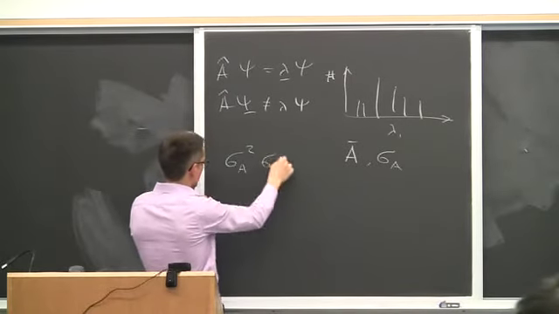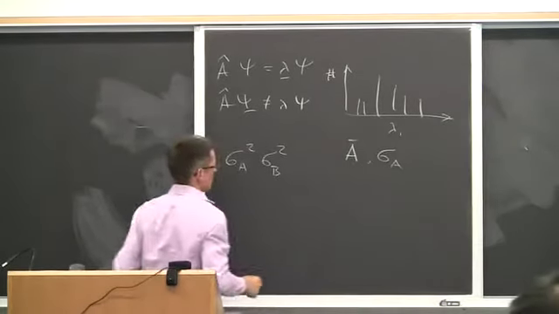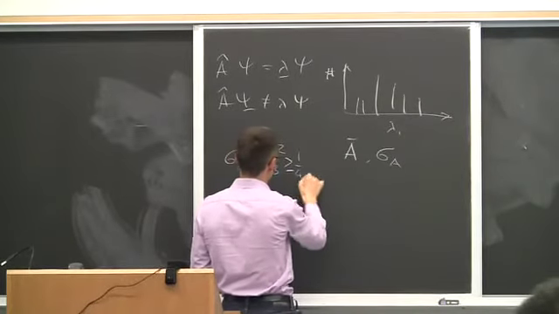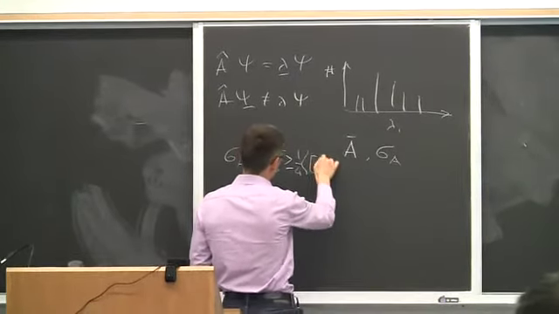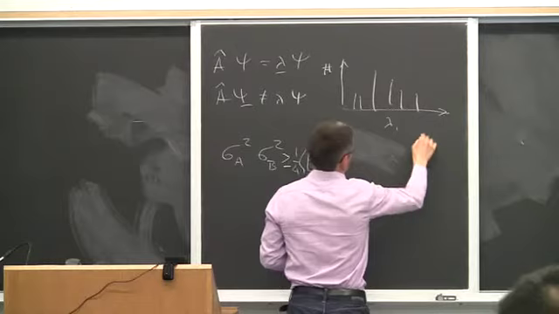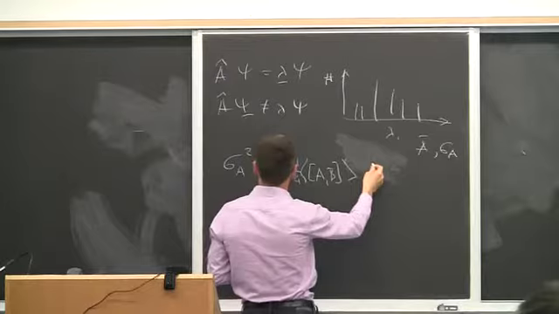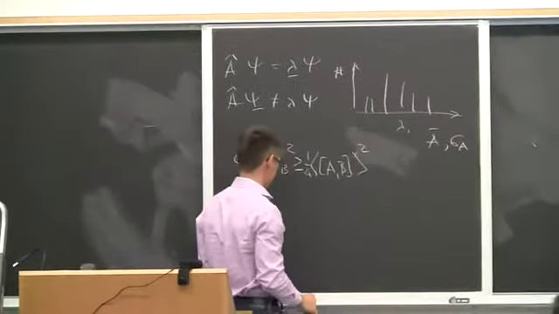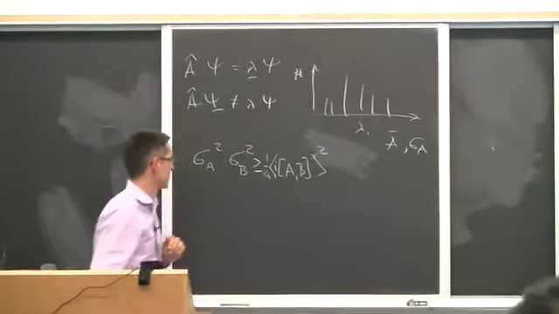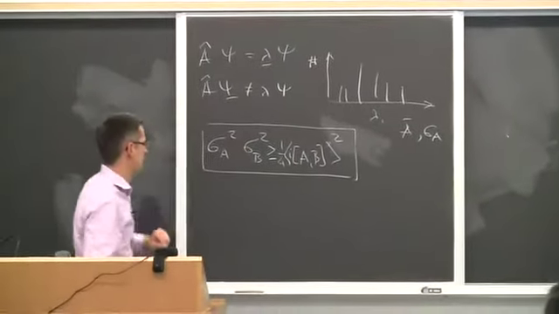So sigma A squared times sigma B squared should always be greater than or equal to one quarter of the average commutator of A and B, squared, with an i here. Okay, so that's the relation I'll talk about today.